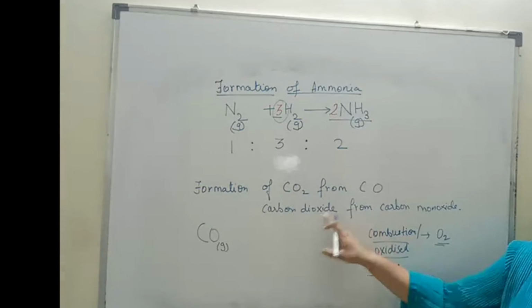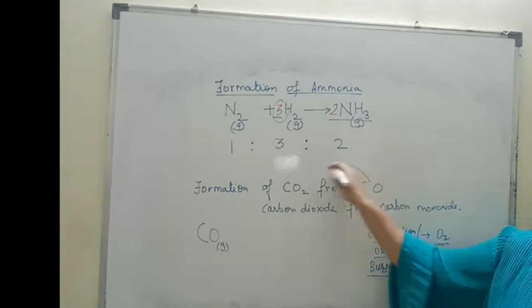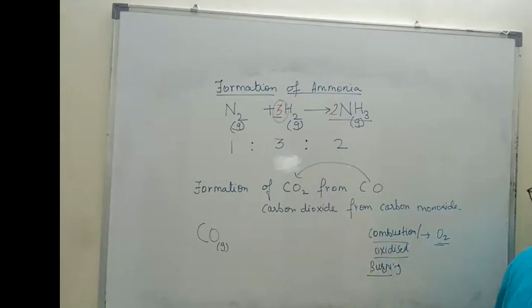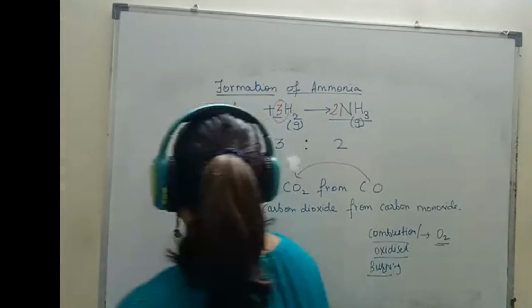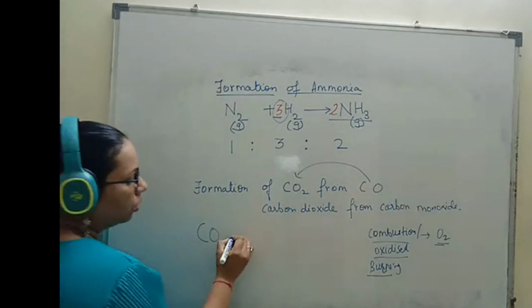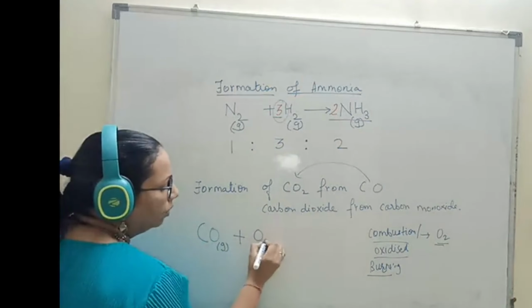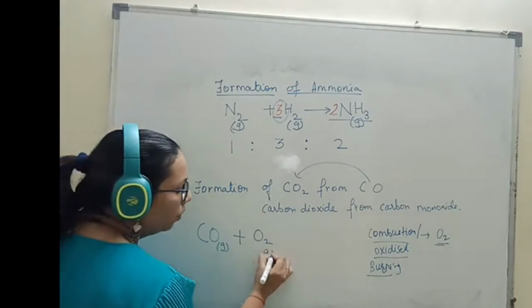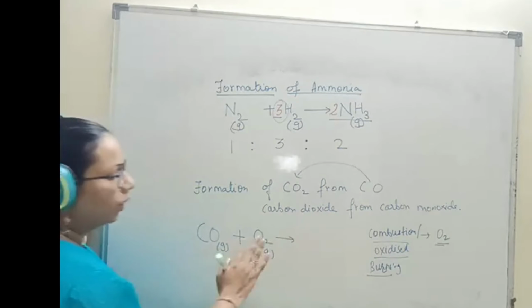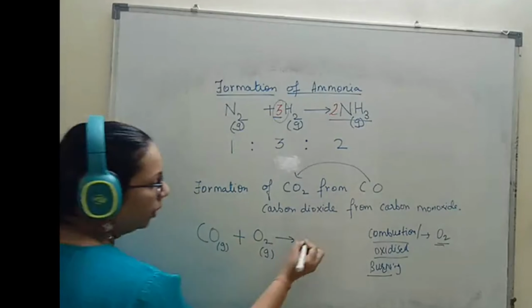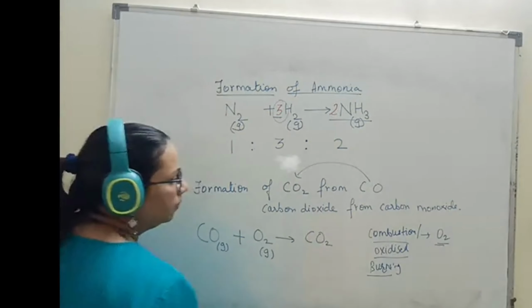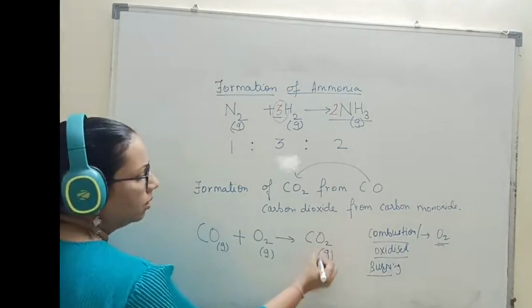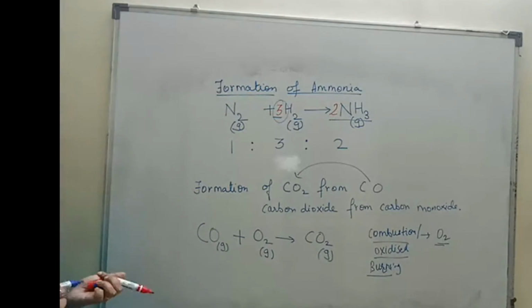So whenever you have to convert carbon monoxide into carbon dioxide, you're oxidizing it. You're going to burn it in the presence of oxygen. So oxygen means you will have to write O2. Don't write O, write O2. Oxygen is gas, carbon monoxide is gas. And you will get CO2. That is what you want. But see, is it balanced or not? CO2 is also a gas. Is it balanced?